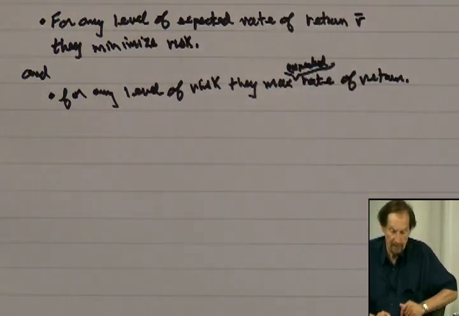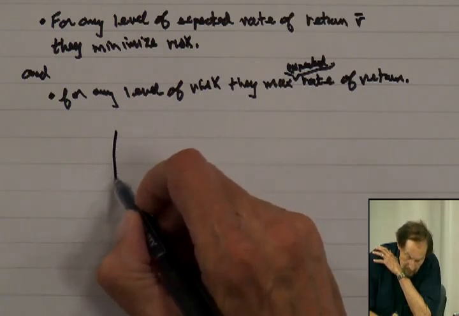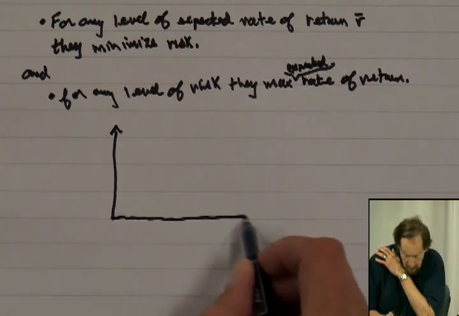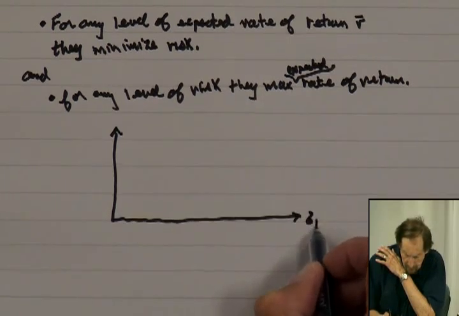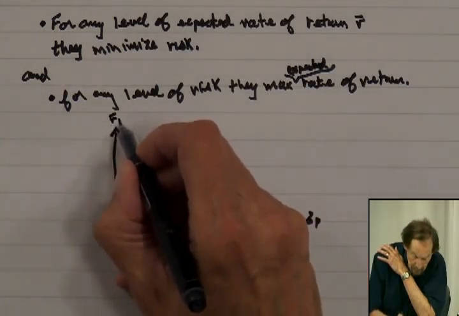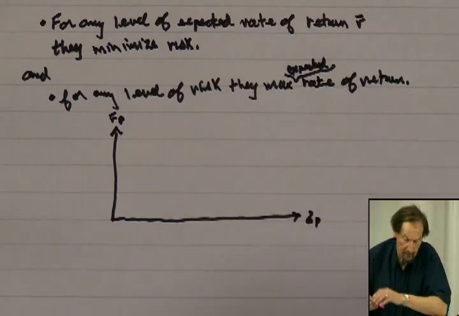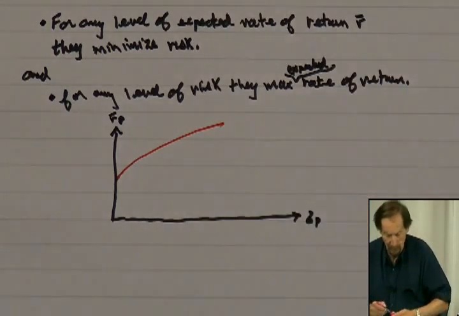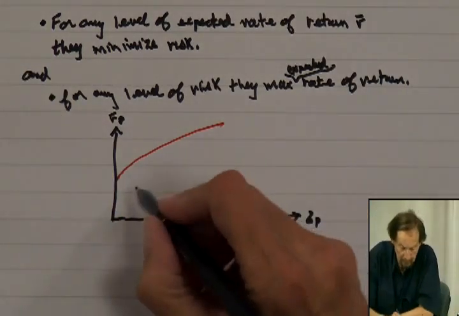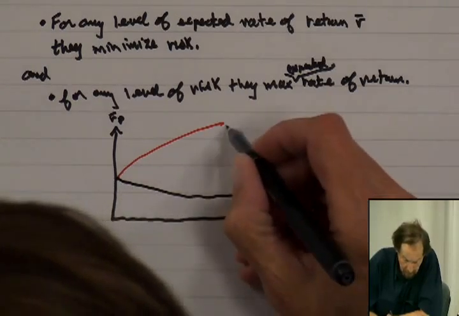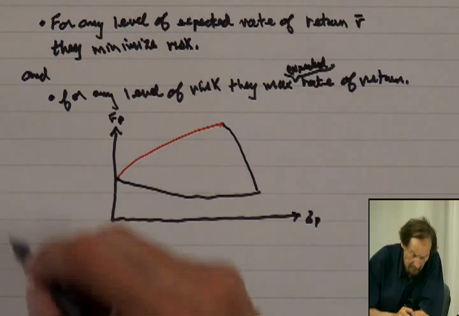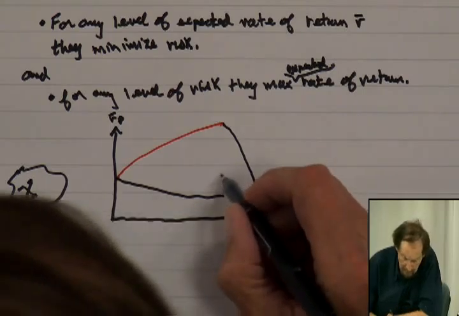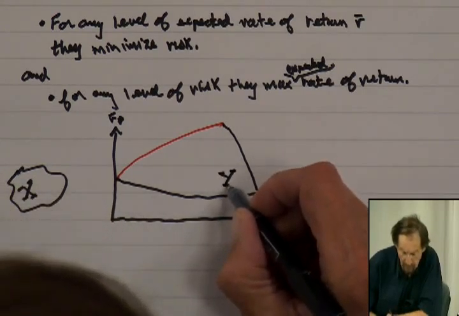Now, let's look at this efficient frontier. Let's look at this again, and we'll see something interesting. Okay, let's draw the efficient frontier here. Let's draw it in red. Okay, and we'll put the set X here. And this is the set Y here.